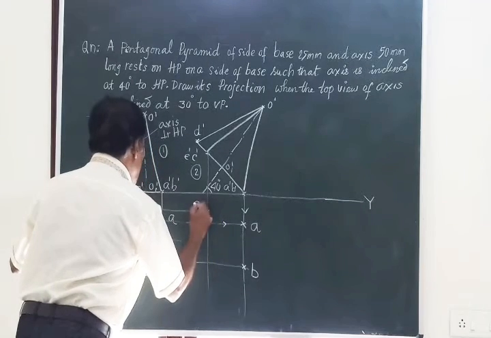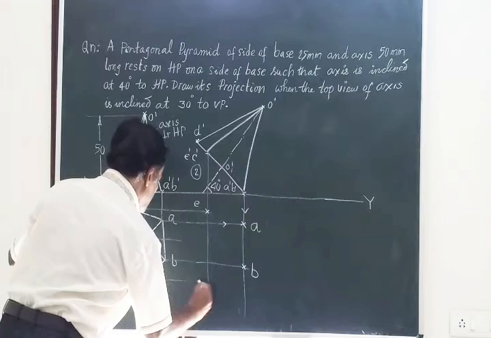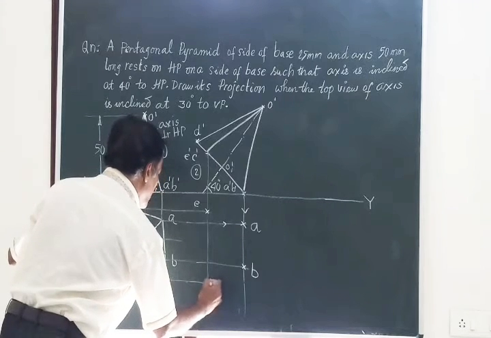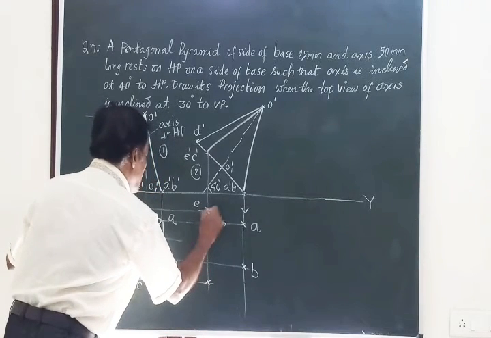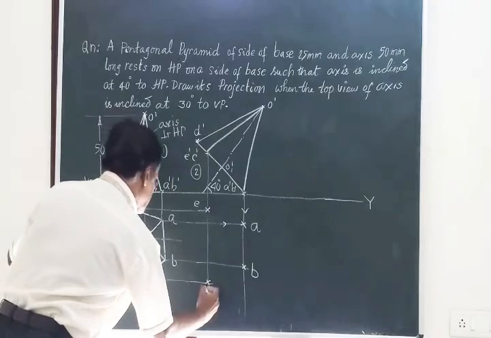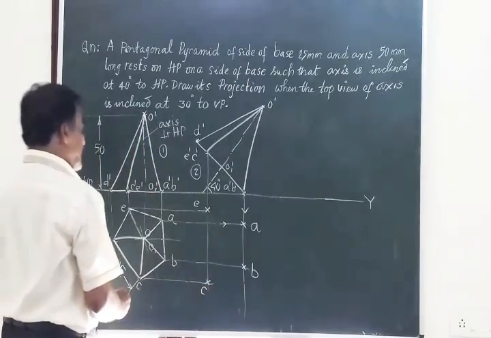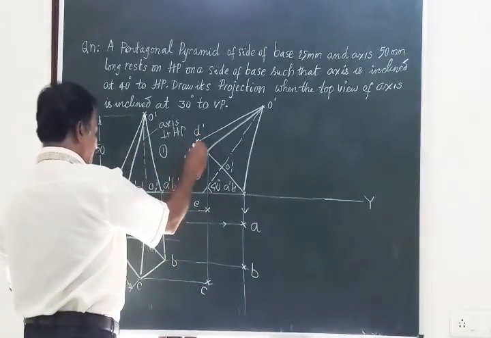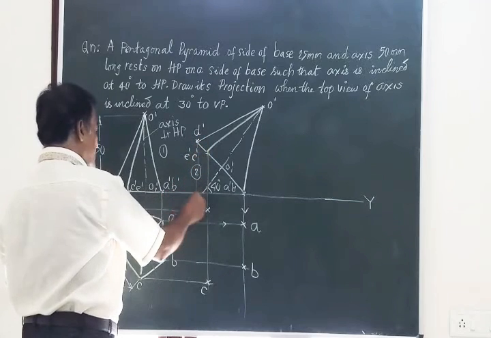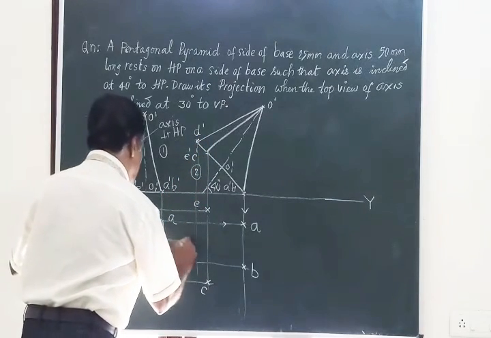This is your E, and C will be somewhere here. This point is C. Then finally D we want vertical line. Draw a vertical line from D, a horizontal line from D.